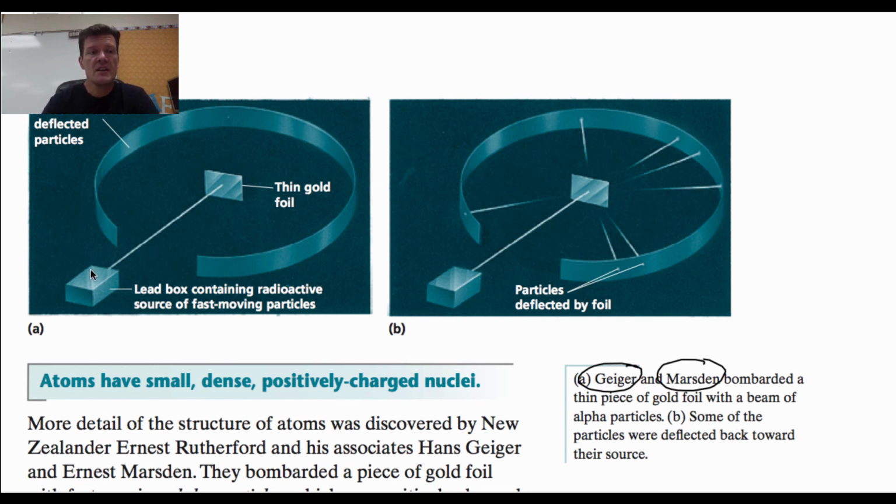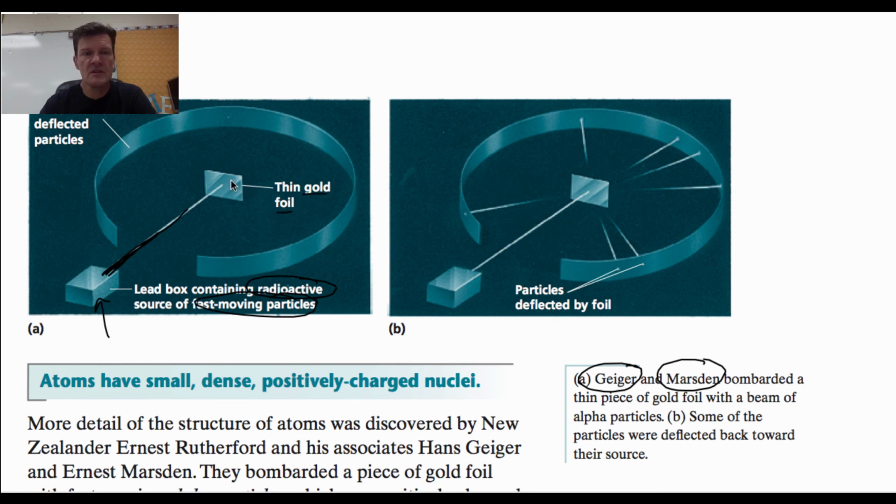They take this device here, which is a source of radioactive fast-moving particles. These are basically particles that are being emitted from the nucleus because the atom is being excited so much. So you've got a stream of tiny, tiny particles coming out of this box, and they point that at a very, very thin sheet of gold.